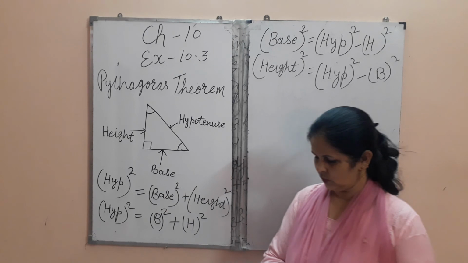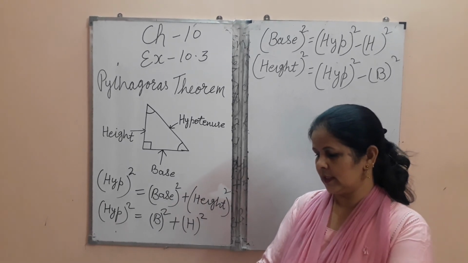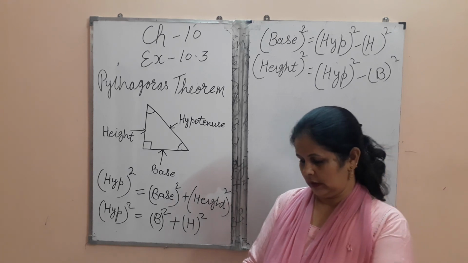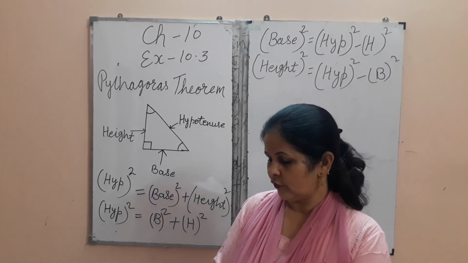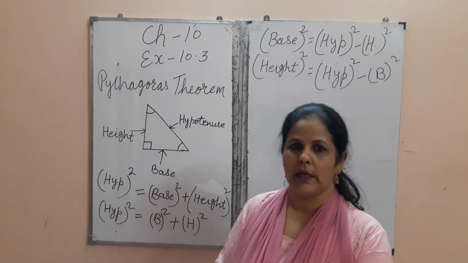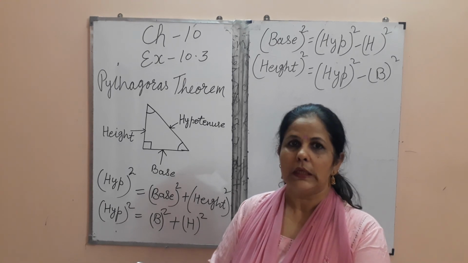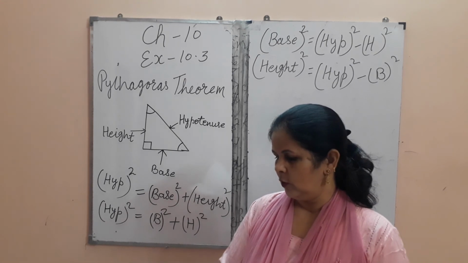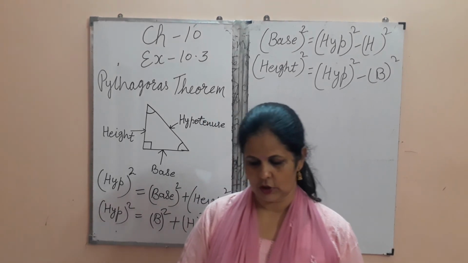Now we will do the sums. This theory is given, that is for proving the Pythagoras theorem. So you read it, go through it, and it will make you understand the Pythagoras theorem clearly. Now examples are given 12, 13, 14, 15.